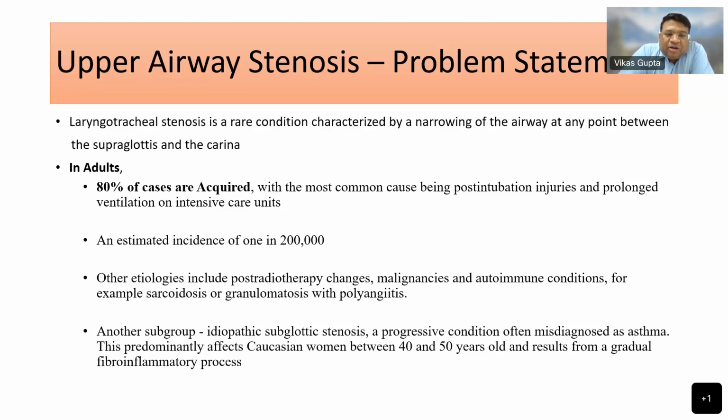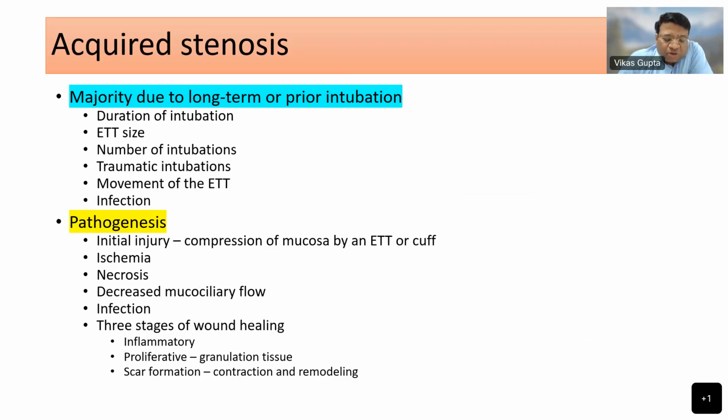Almost all acquired stenosis patients develop it because of prolonged intubation. Now, how does this cause stenosis? We'll be seeing through it. The important factors which make an airway prone to stenosis are the duration of intubation. There is a general consensus that nobody should be kept on endotracheal intubation for more than 10 days.